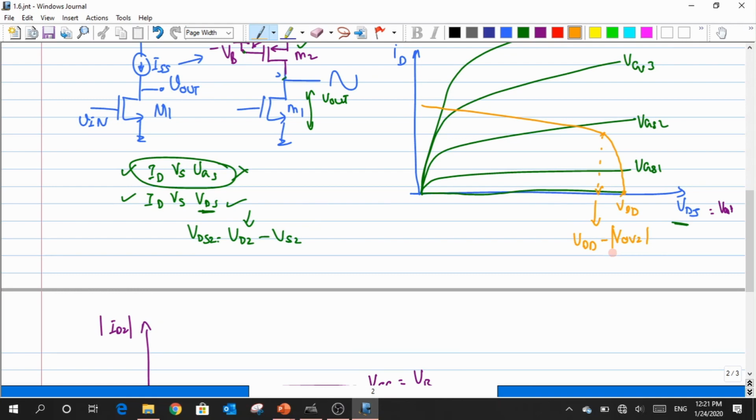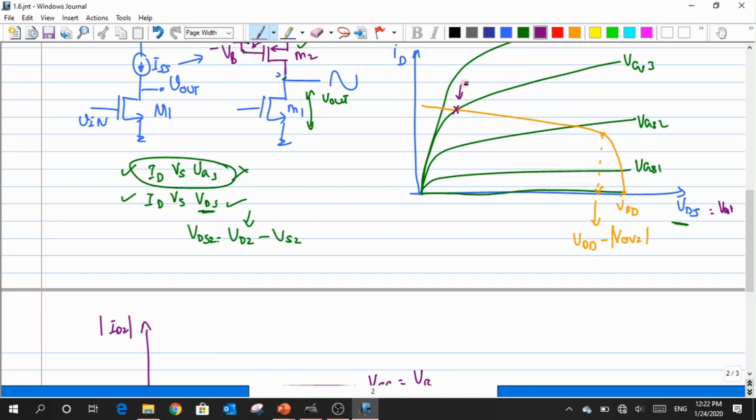So now we will look for the region of operation, and later we'll try to evaluate the VO max and VO minimum from this graph, right? Let me choose this particular point where I can see that the orange graph is intersecting with my green graph, which is nothing but the edge of saturation of which transistor?